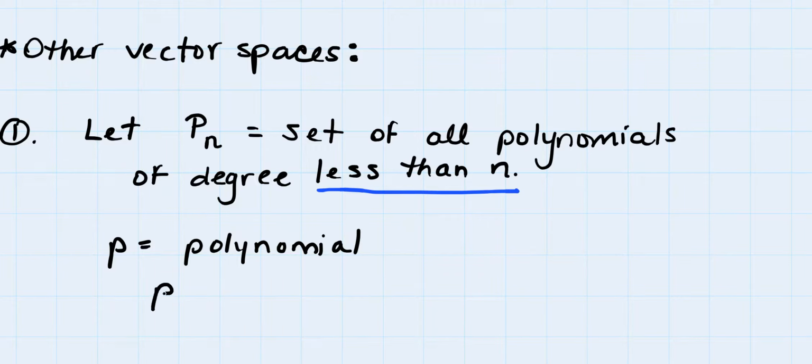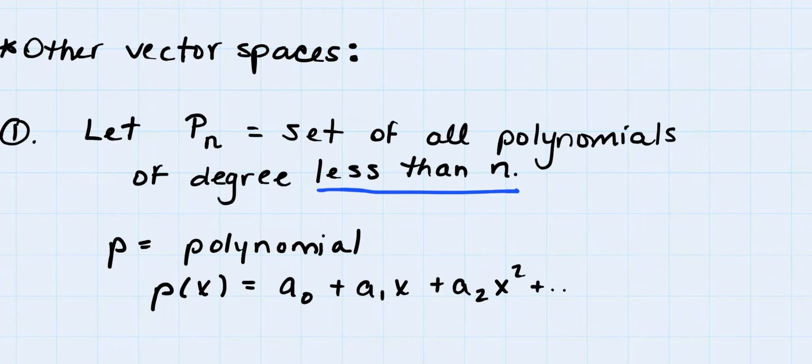A polynomial, when it's evaluated at a number x, looks something like this. This would be a polynomial of degree n minus 1, assuming that this coefficient here is not 0.